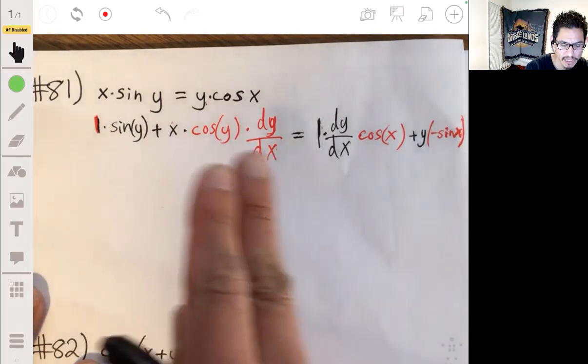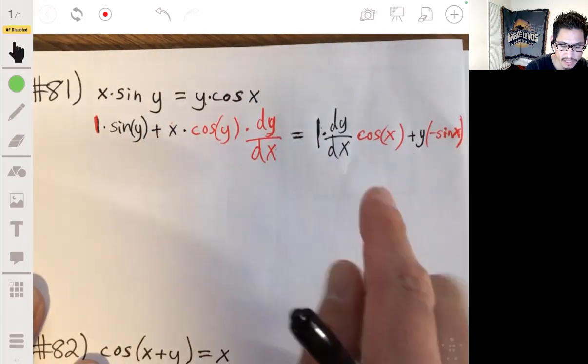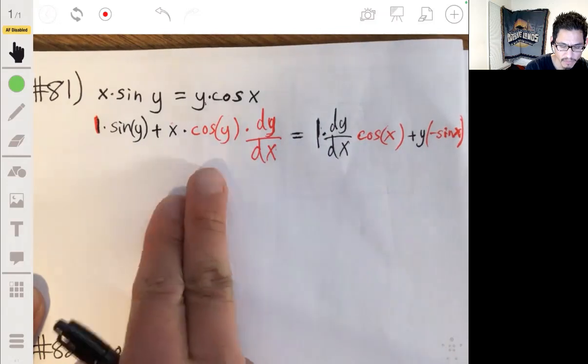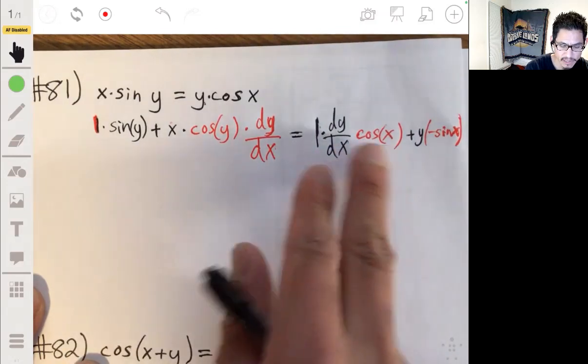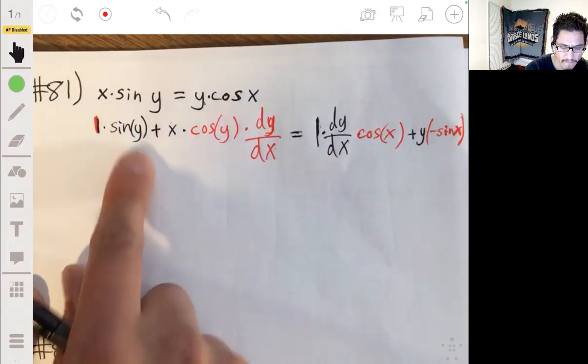And now let's subtract this from both sides, and let's subtract this from both sides. Just subtracting this and then subtracting that.